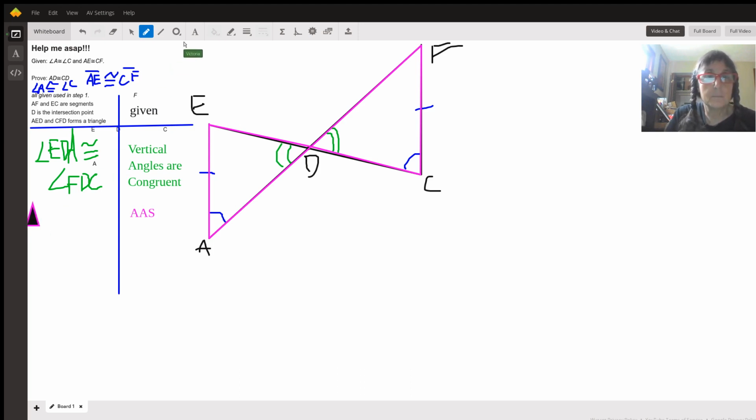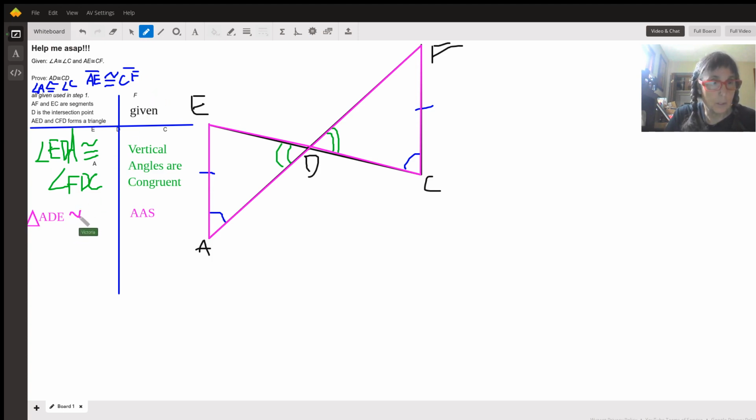One of them is triangle, I need AD, so I'm going to call it ADE. Now what we have to be careful is that the other triangle be named in the correct order.